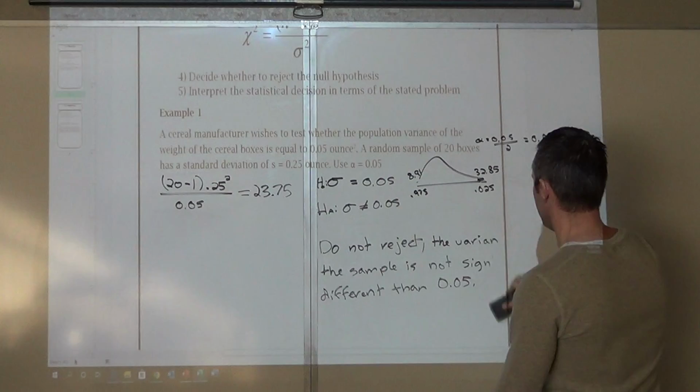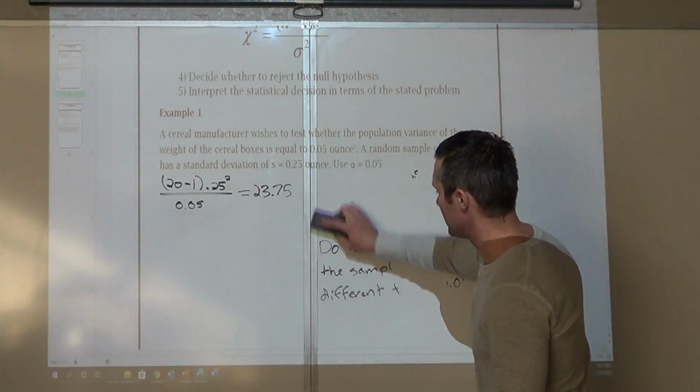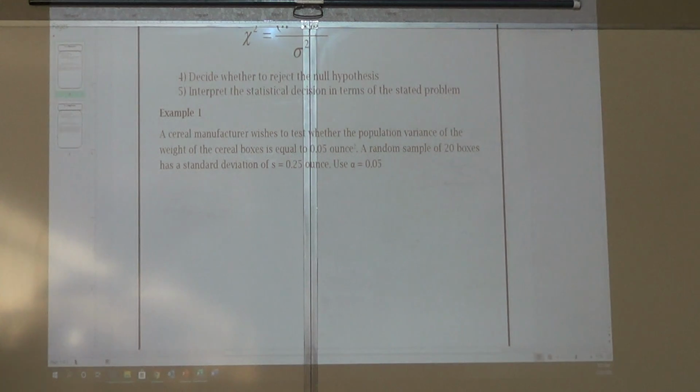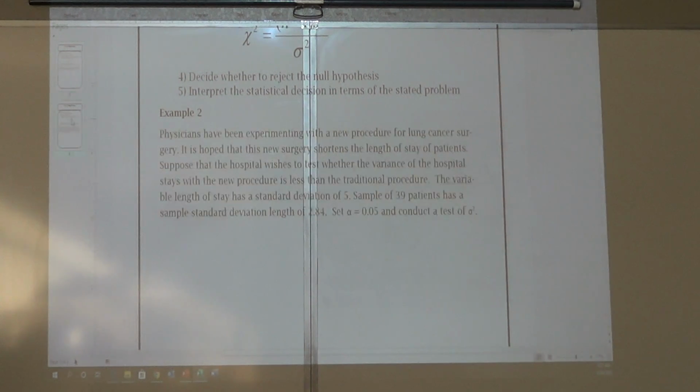Our second and last example, again, have that chart, reference that chart, make sure you're seeing what I'm going through so we don't have any issues or questions. So here's our second example as we work through it.